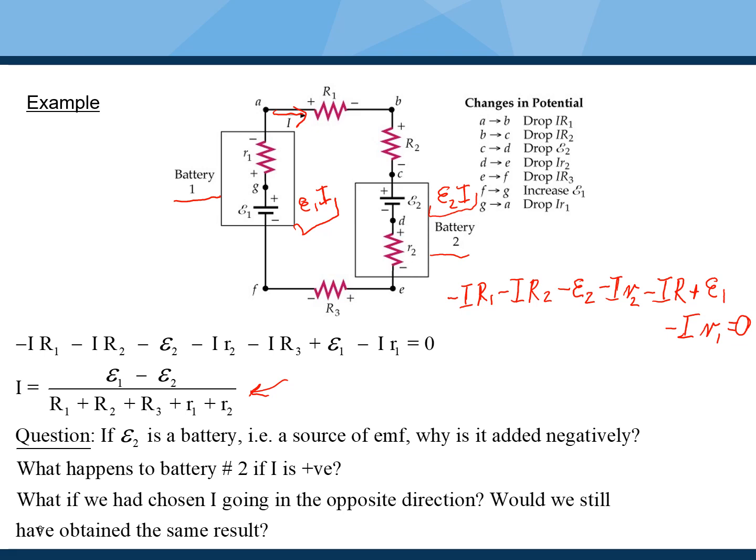In that case, we would actually say that the battery number 2 is donating an amount of power given by E2 times I, and the battery number 1 is actually getting recharged and getting an amount of power given by E1 times I. So this would happen if we perchance chose I to be originally in the clockwise direction, but I turned out to be negative, which basically means that I is actually flowing in the opposite direction in the circuit.